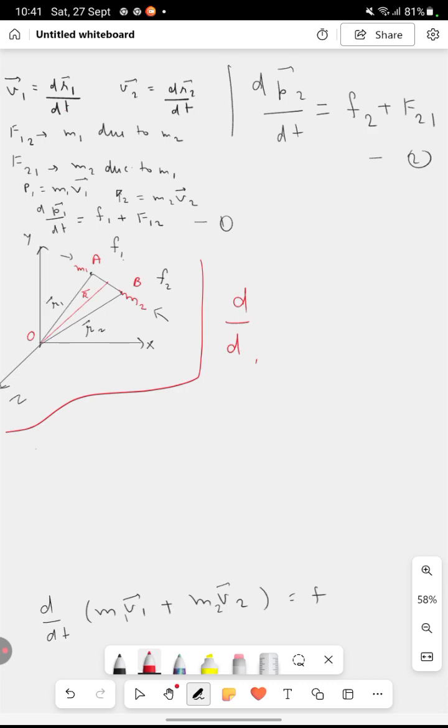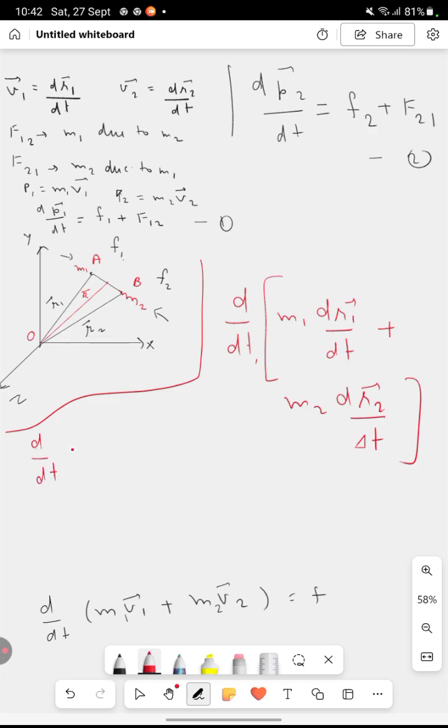So d by dt of m1 dr1 by dt plus m2 dr2 by dt. Now this can be written as d by dt of m1 r1 vector plus m2 r2 vector.